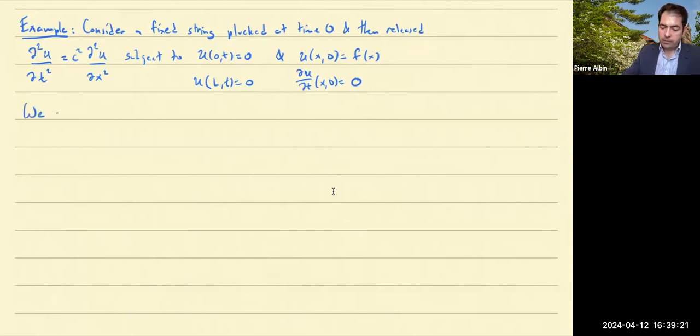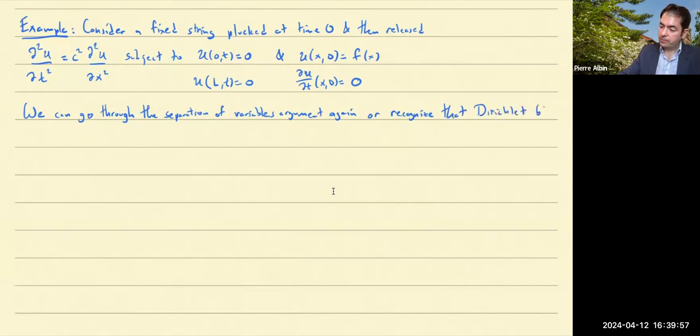Okay, so we can go through the separation of variables argument again, like we did for the heat equation, or recognize that Dirichlet boundary conditions correspond to Fourier sine series.